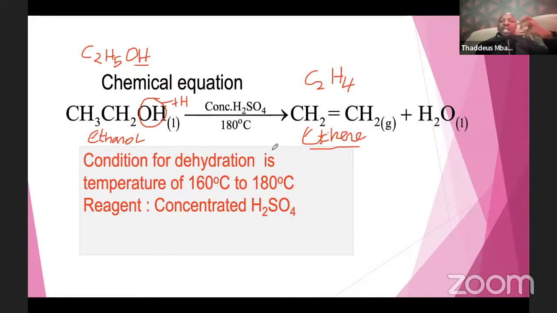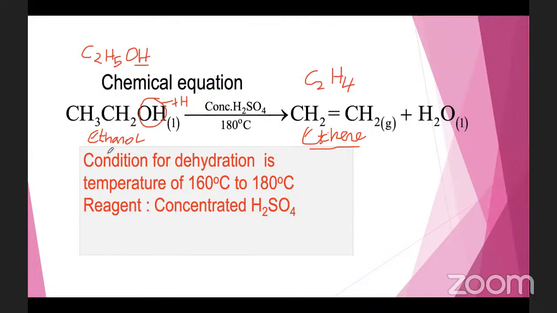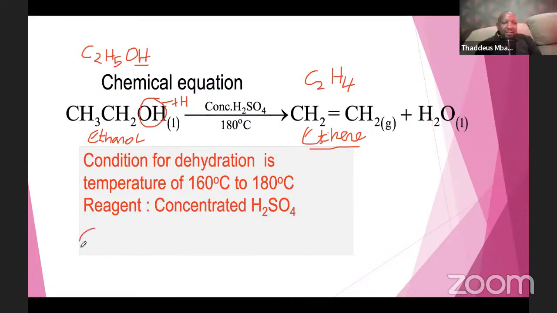So if you want to get propene, we are going to dehydrate what? Propanol. Perfect. The formula of propanol is C3H7OH. So when you dehydrate this, the product here will be what?